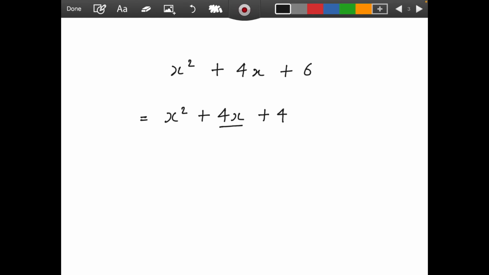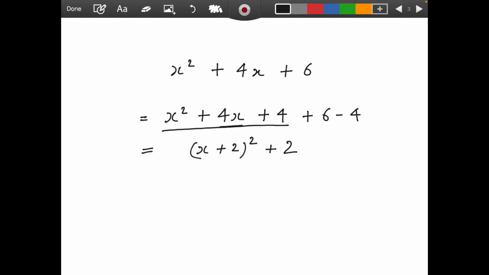And then since I'm adding something, I need to subtract the same number in order to maintain the equation. So now this whole term, x² + 4x + 4, would become (x + 2)² + 6 − 4, which is 2.